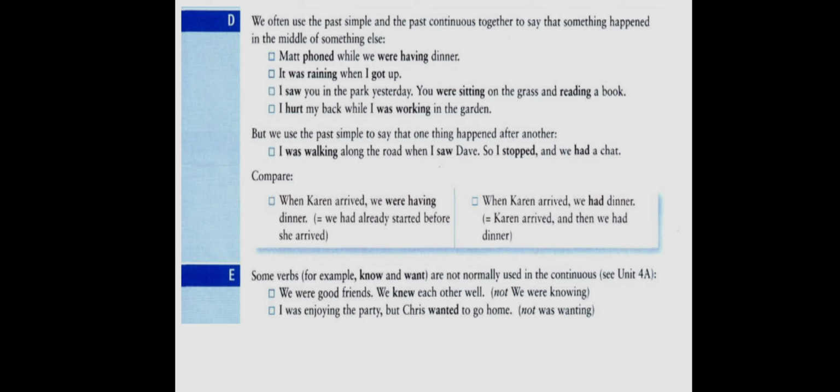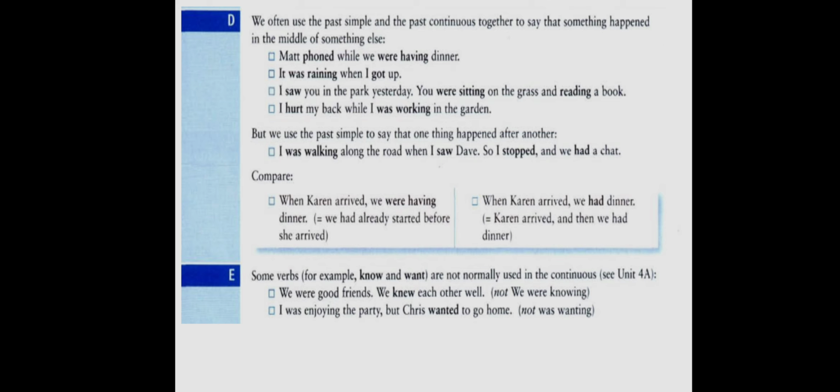So the rule becomes like this. I hurt my back while I was working in the garden. Or if we start with while, we say, while I was working in the garden, comma, I hurt my back, full stop. But we use the past simple to say that one thing happened after another.